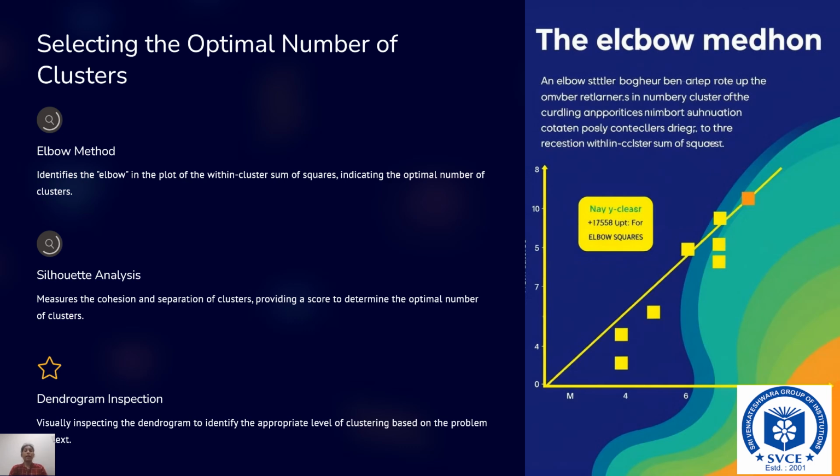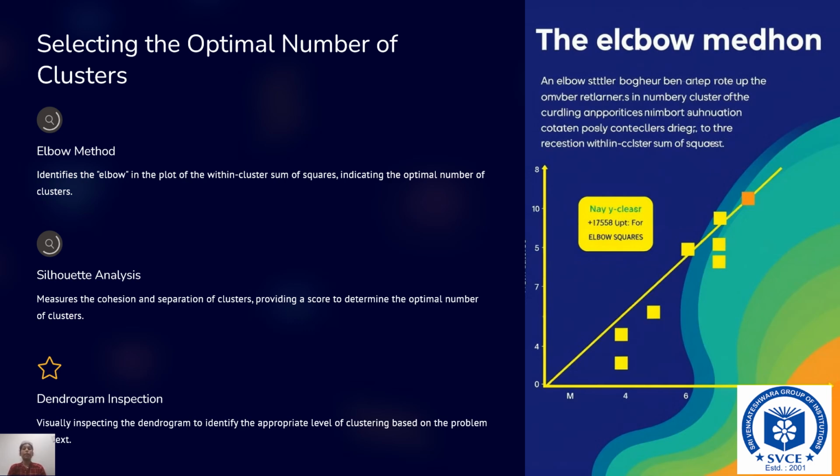Now let us see how to select the optimal number of clusters. Like, how do we select the optimal number of clusters? We can use three different methods. One is the elbow method, one is silhouette analysis, and another one is dendrogram inspection. The first method identifies the elbow in the plot of the within-cluster sum of squares, indicating the optimal number of clusters.